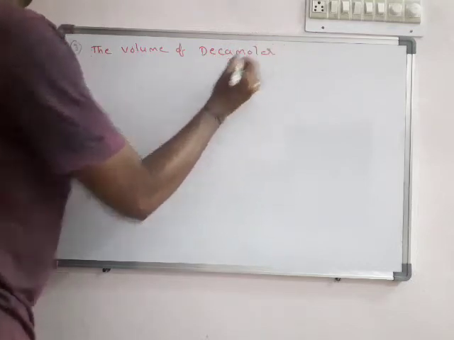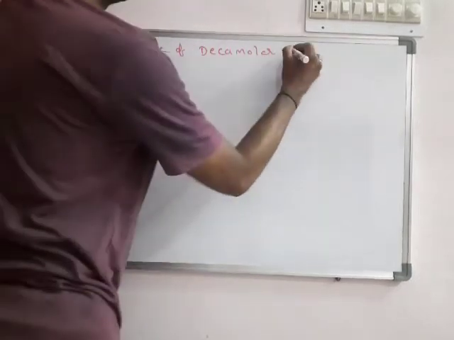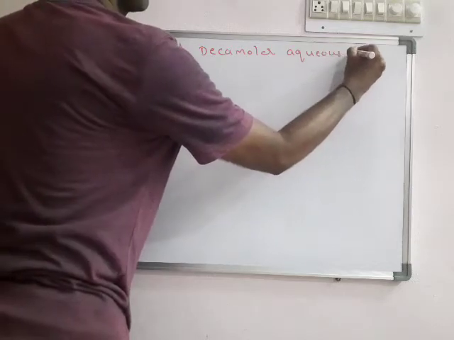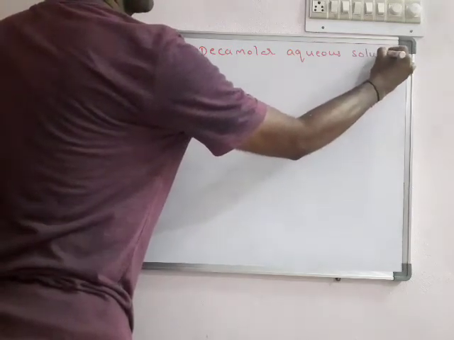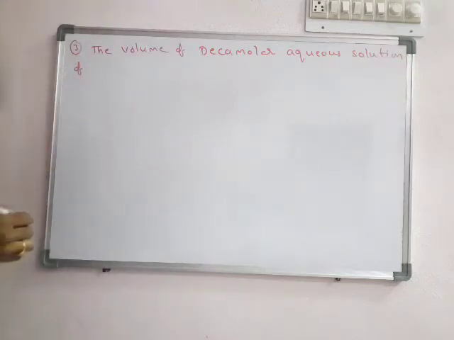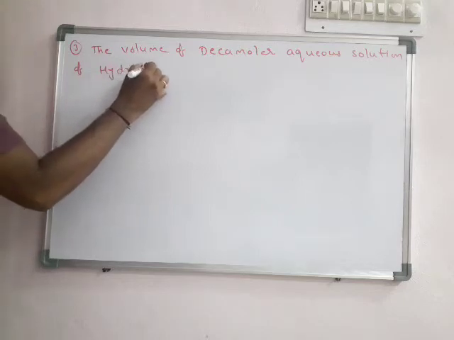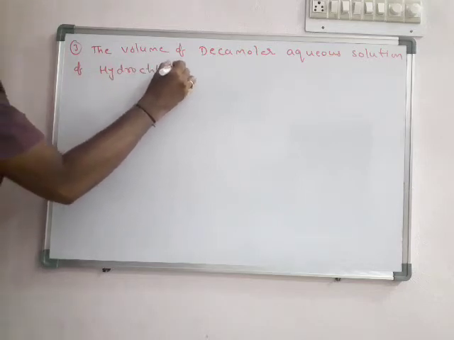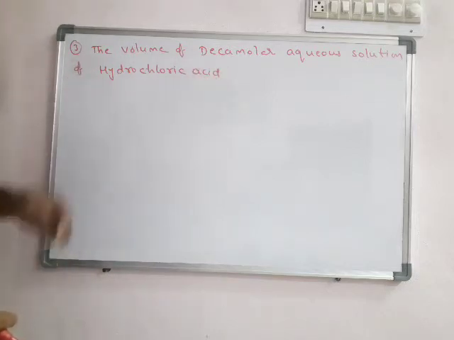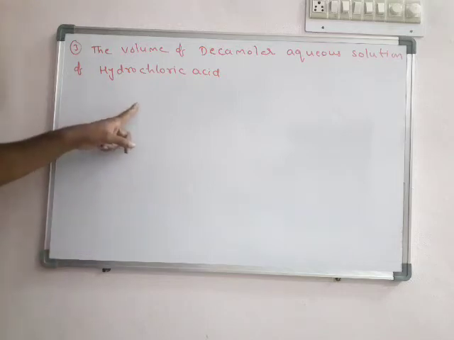The question is: the volume of decamolar aqueous solution of hydrochloric acid. We need to find the volume of the decamolar aqueous solution of hydrochloric acid that is needed.